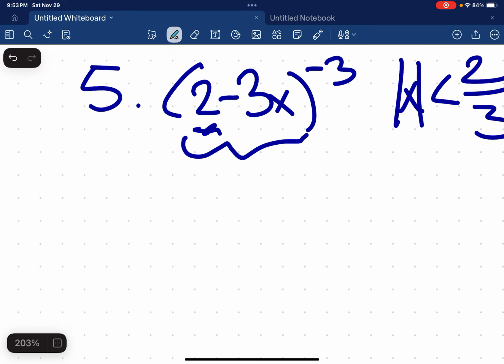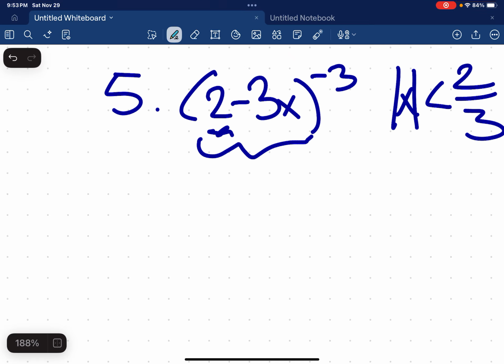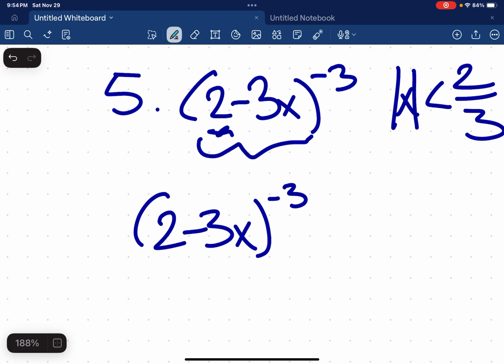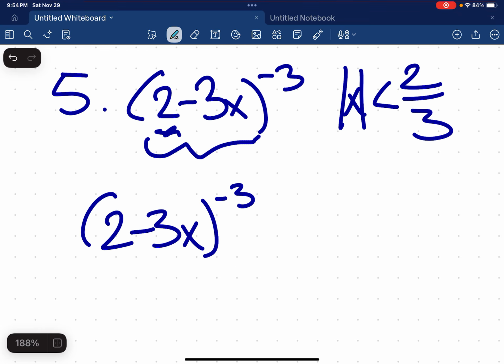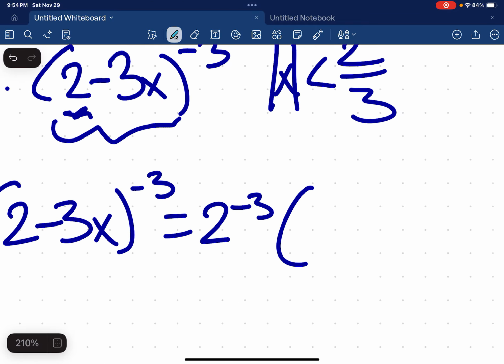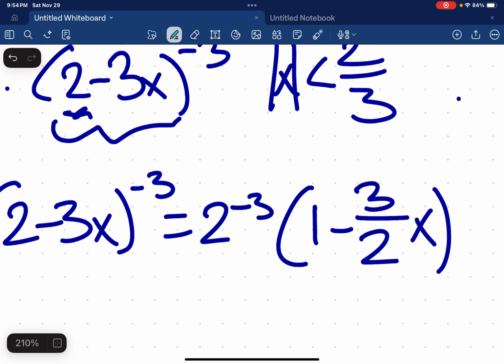Okay, got it. To factor this, we're going to have to understand that (2 minus 3x) to the negative 3 is the same as 2 to the negative 3 times (1 minus 3 divided by 2x) to the negative 3.